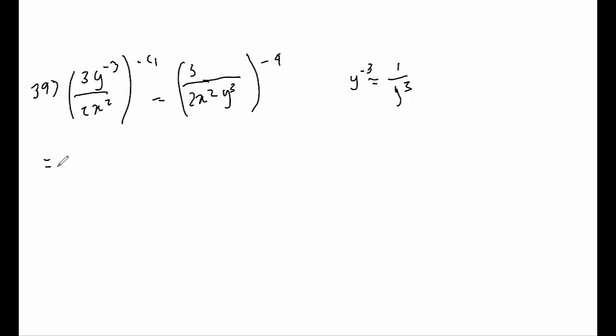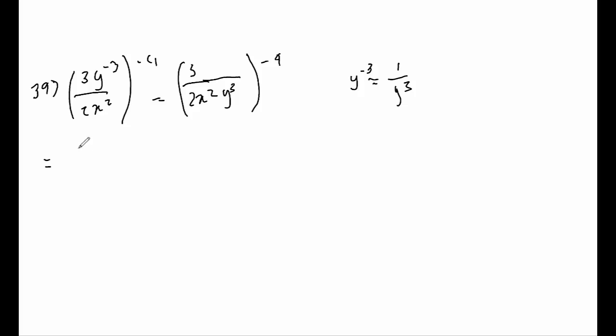Now, as I said before, if you see a negative power outside of a quotient, that gives you permission to just flip it over and make it positive. So I'm just going to do it that way. Of course, there are other ways to do it, and all those other ways are fine so long as you get the correct answer.